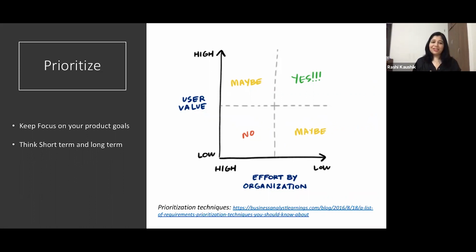So prioritization, it might sound simple, but unfortunately, this is one of the most complicated processes. It involves weighing up the cost against value, effort against time, and a lot of different businesses will likely involve many different stakeholders. A simple approach that I follow is plotting a 2x2 matrix of customer value versus effort.